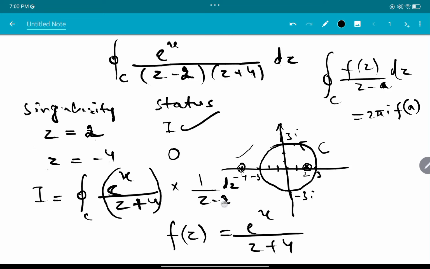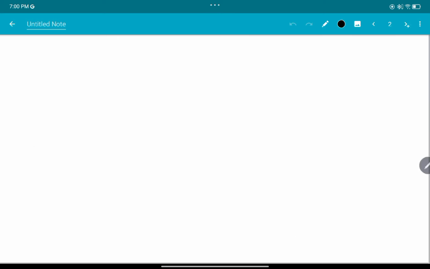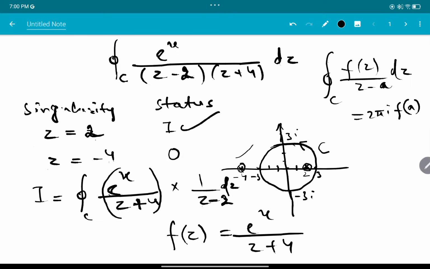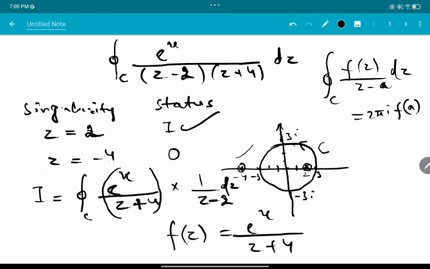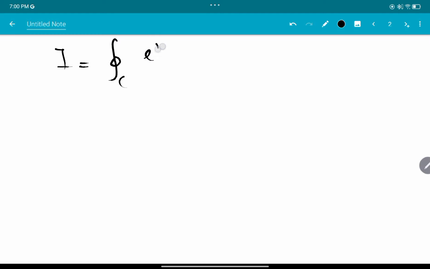We will call this the singularity factor. So treat this as f of z, and now solve using this formula. It becomes so simple. Going back, the given integral is the loop integral over C of e raised to x divided by z plus 4.